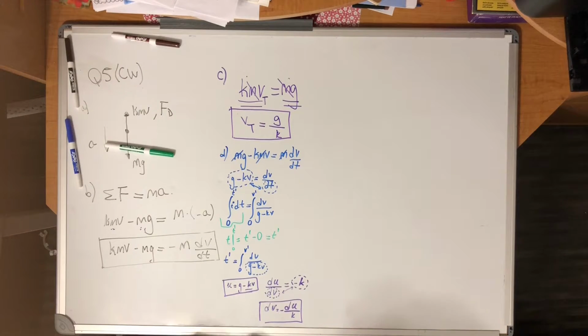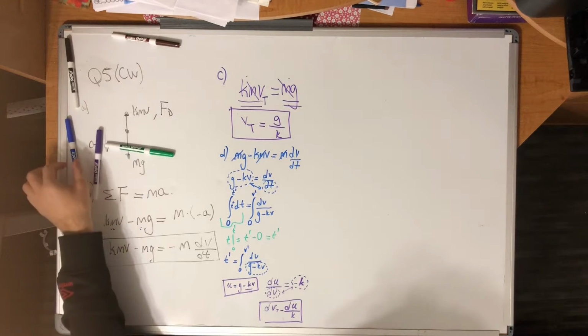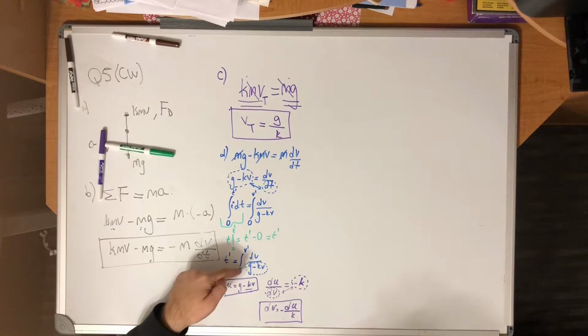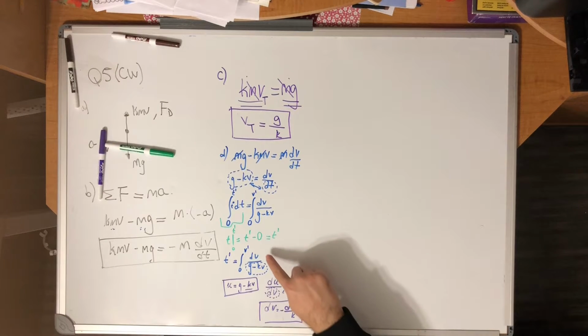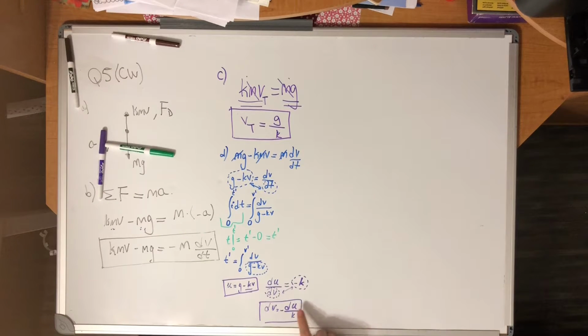So again, I'll continue with the blue one. That's where I left the function. At this point, what am I going to do? I am going to replace dv with negative du over k, and I'm going to replace g minus kv with u.